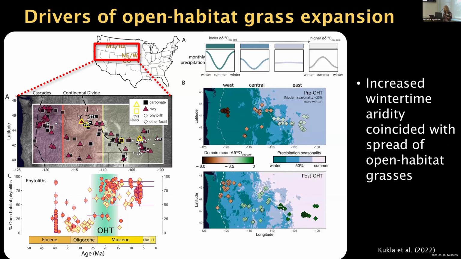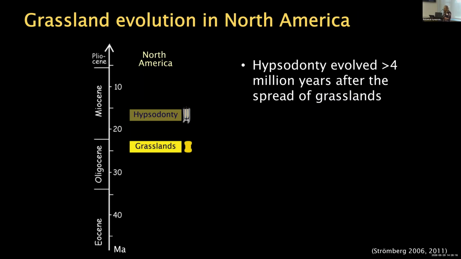And what they found was that there was a shift towards increased wintertime aridity during this same time frame, especially in the continental interior.